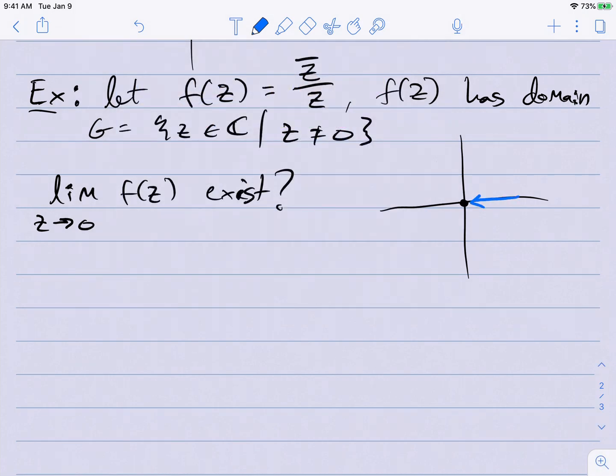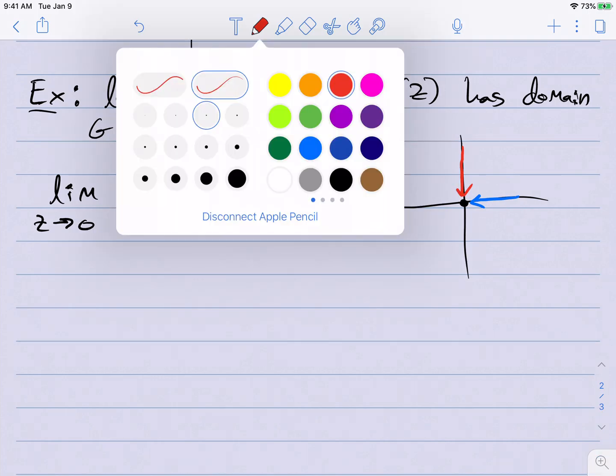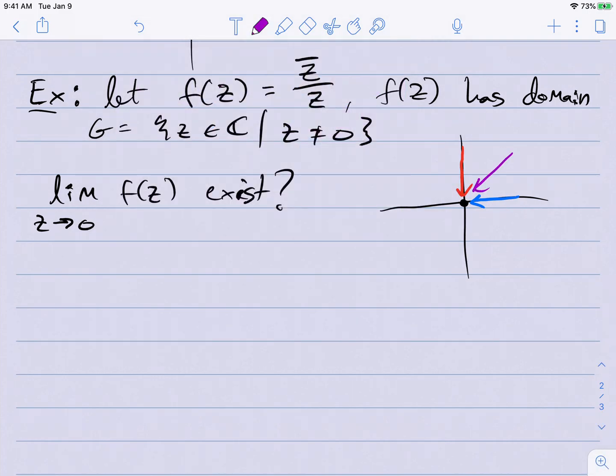If I approach along different paths, what I'm going to show is that I get different things as the limit. And what that means is that this function actually doesn't have, as a complex function, a limit; the limit's not defined. So for instance, let's consider the blue path.